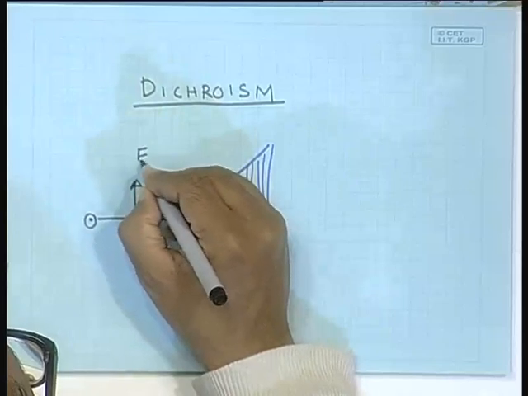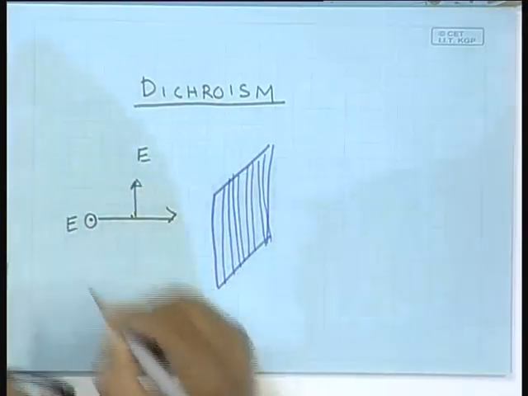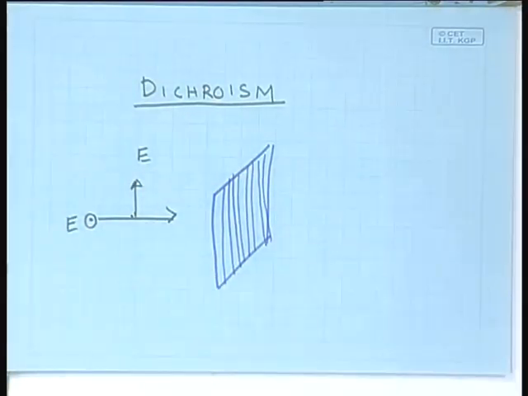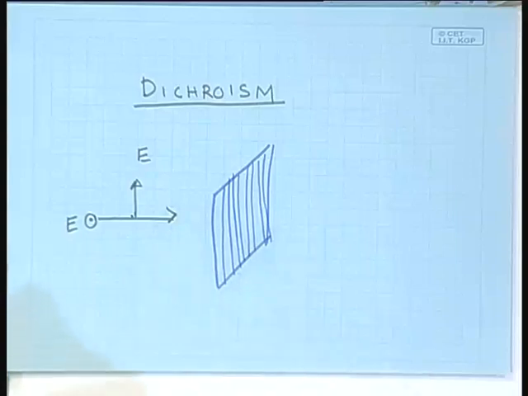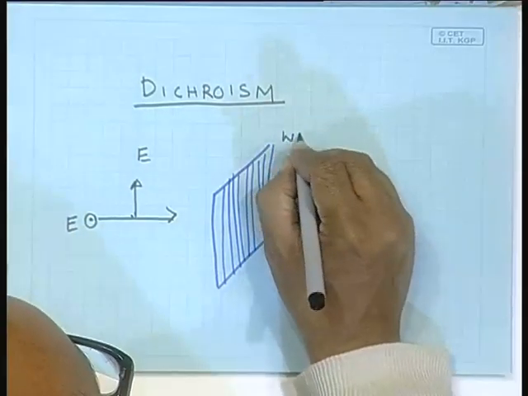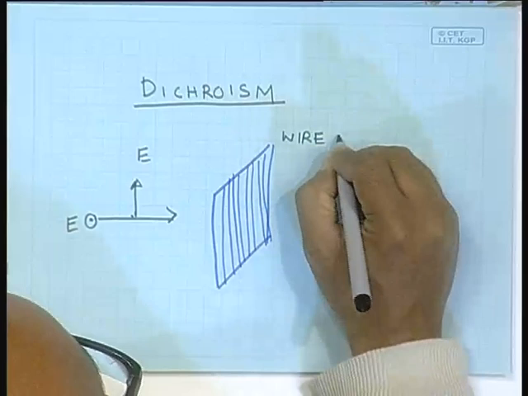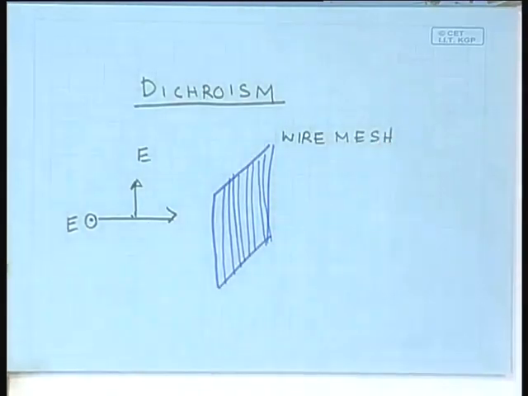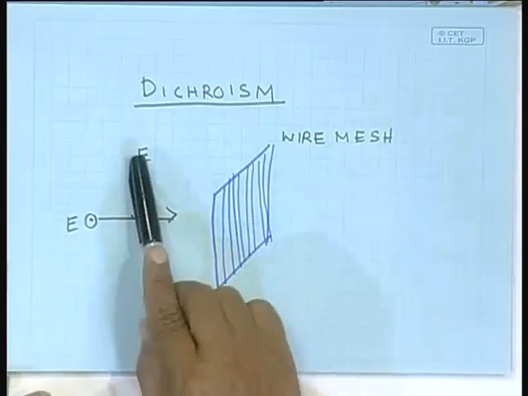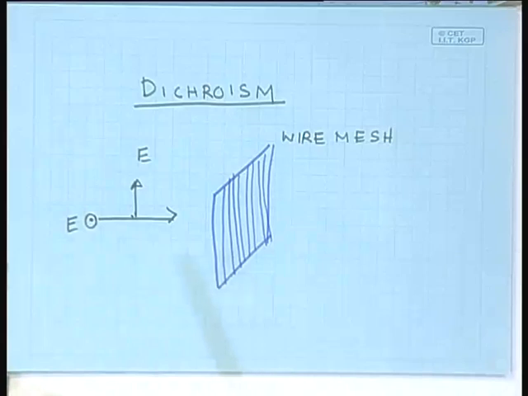So, these are the two possible components into which the electric field of the incident radiation can be decomposed, and we have natural light incident upon this wire mesh. So, this is a wire mesh. Now, let us ask what happens to each of these components of the electric field separately.